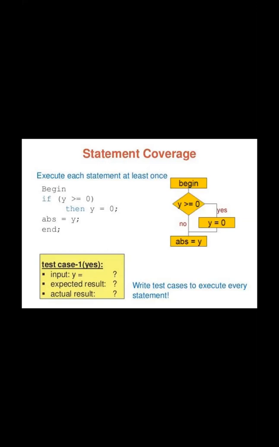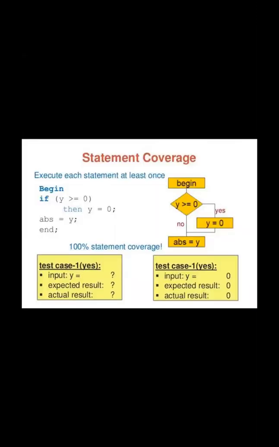The input for y, the expected result, and the actual result from the test case are all recorded. This diagram shows how statement coverage is done for the given if statement. The test case results are: if y is 0, the expected result is 0, and the actual result will also be 0.